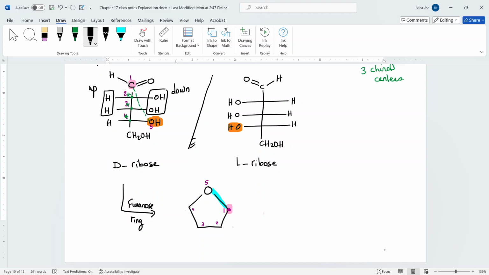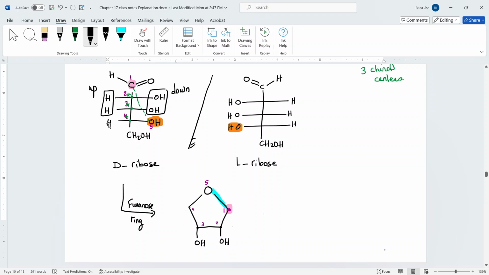So let's put them. And so on carbon number 2, we do have the OH pointing down. I'm just going to draw the OHs. I'm not going to draw the hydrogens. On carbon number 3, we have the OH also being down in there. Now on carbon number 4 in there, so what do we have? Yeah, so on carbon number 4, we do have what?